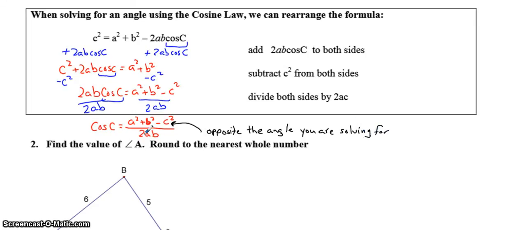And the a and b are the two other sides. So if you're solving for angle C, the only thing that's negative in the formula is the side that's opposite angle C.